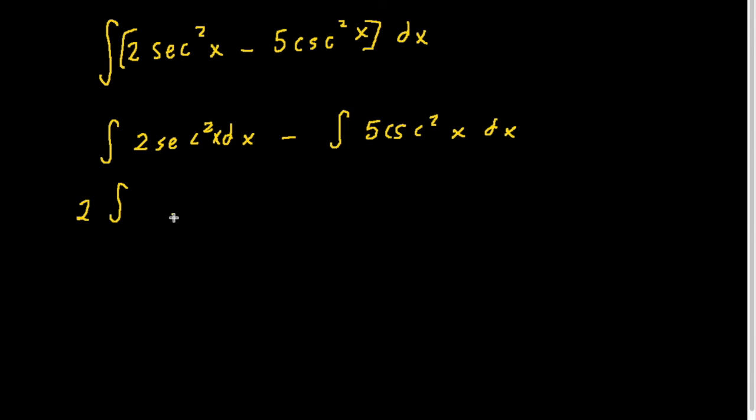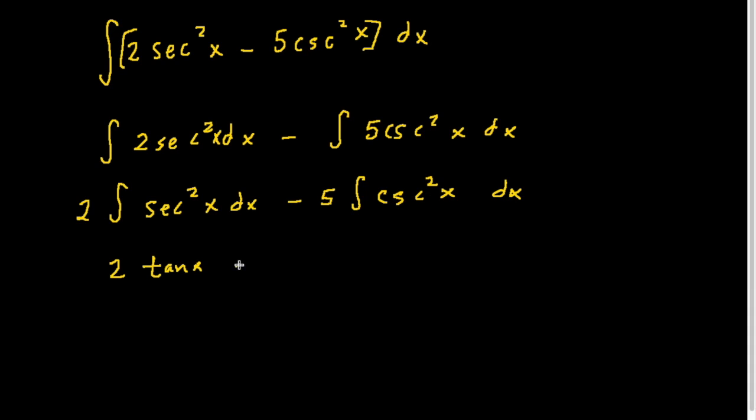So we have 2 times the integral of secant squared x dx minus 5 times the antiderivative of cosecant squared x dx. Then we can take the antiderivatives using the rules we just talked about, and we're going to have 2 times tangent x plus 5 cotangent x plus c.